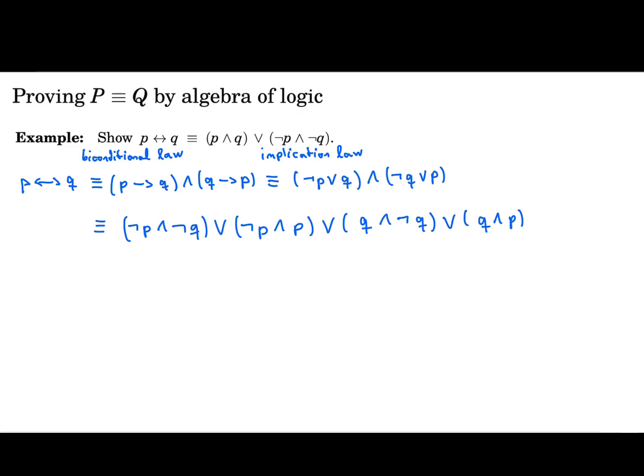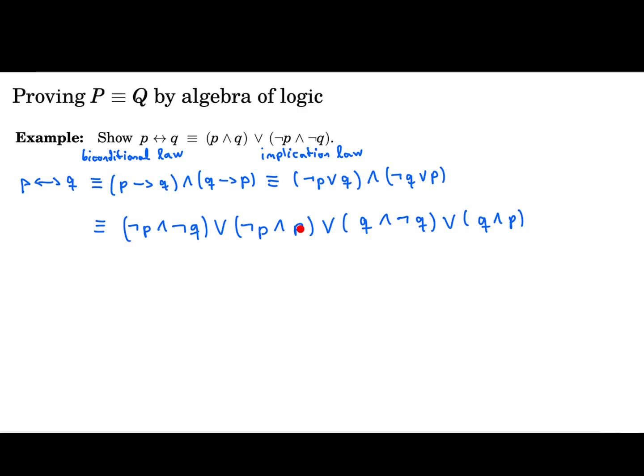Okay, now in this case we have two contradictions. So we saw, if you pay attention here, not P and P will always be false. Same for Q and not Q, because it can never be the case that they're both true, right? And that's the only way for an and to be true.